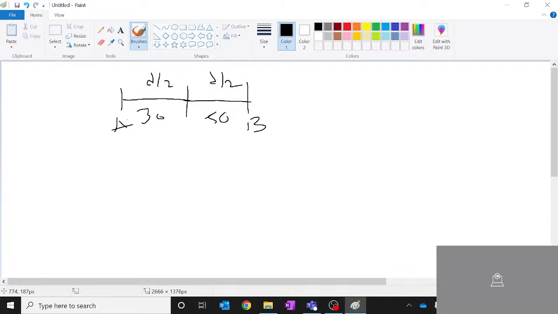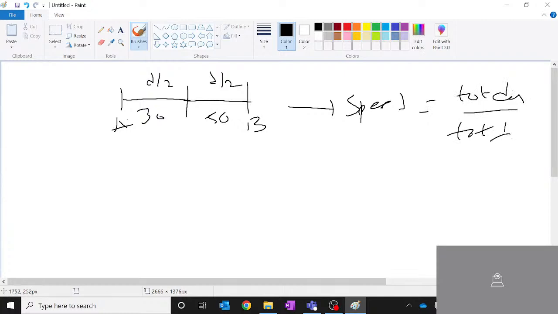Very simple question. Average speed is nothing but total distance by total time, correct? The total distance from A to B is d. Now what is my total time?